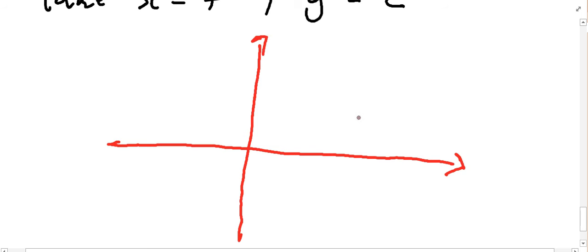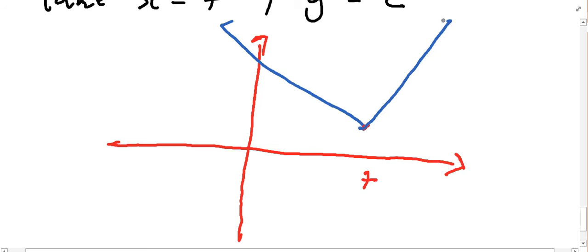So we have said that when x is equal to 7, y is equal to 2. So let's say 7 is there and y is somewhere there. If we were to sketch this graph, how will it look? It will go that way, and it also goes that way.